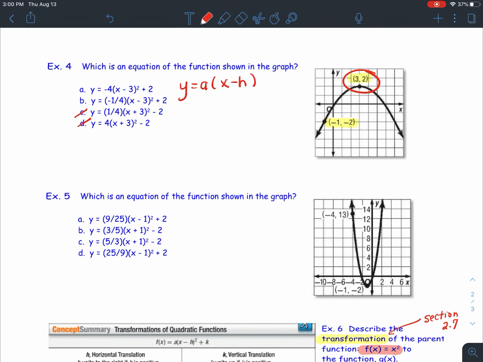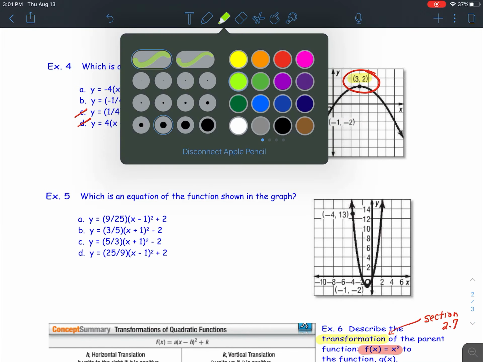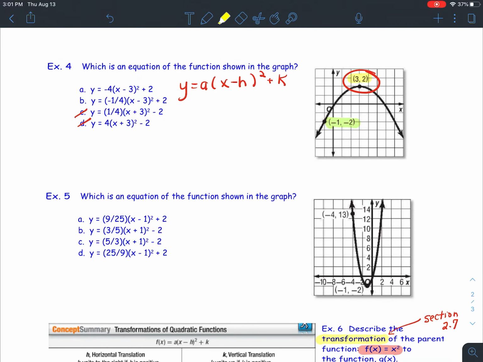So we need to try to figure out what is the a value for this. So here's what we need to do. We're going to use those coordinates of the vertex, and we're going to use this extra point that they identified for us. I'm going to go ahead and write down generically how vertex form looks.